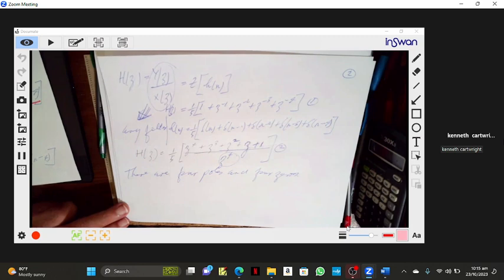Where are these poles located? Folks, you all don't know how to find poles?